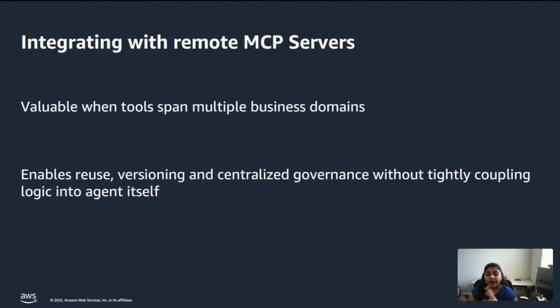It's like having different departments run their own specialized help desk, but your AI assistant has a direct line to all of them. This means your travel agent can check HR policies, and even monitor system health, all without the AI team having to build and maintain those specialized tools themselves. So this is how powerful it is going to be.